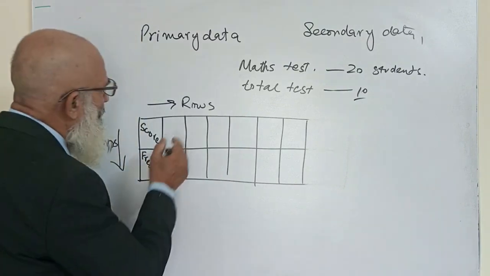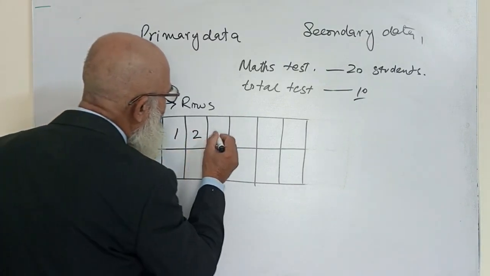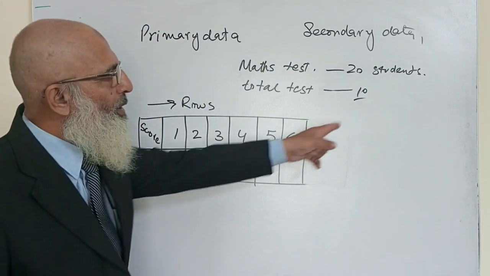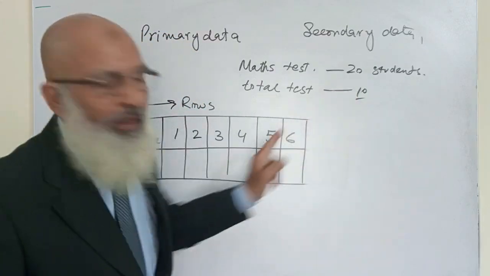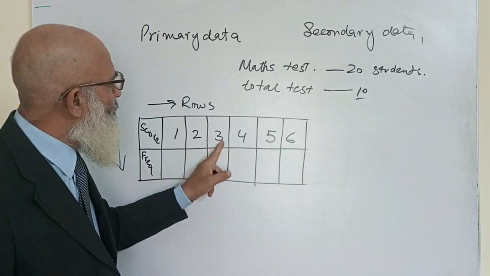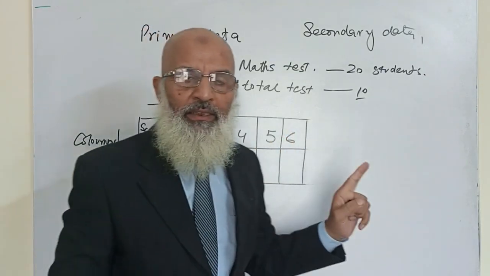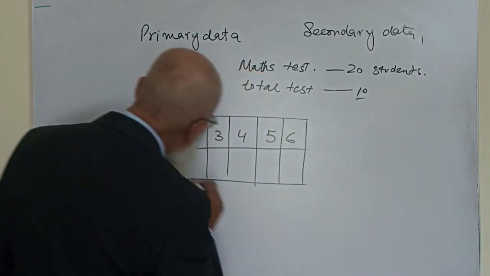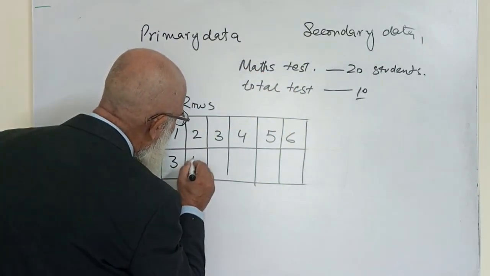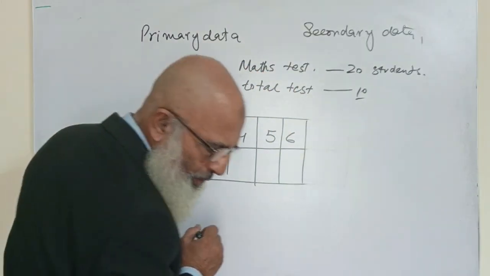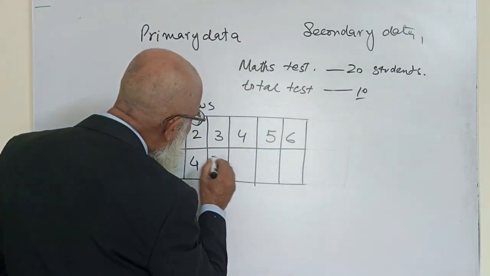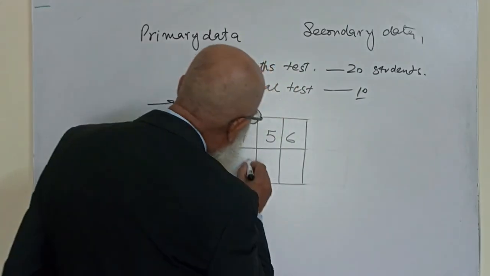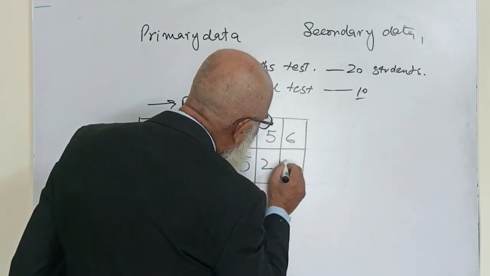So score: let me write 1, 2, 3, 4, 5, 6. These are the numbers out of 10 that the students got. And what is the frequency? The frequency is 3, then 4, again 3, then 5, 2 and 3.